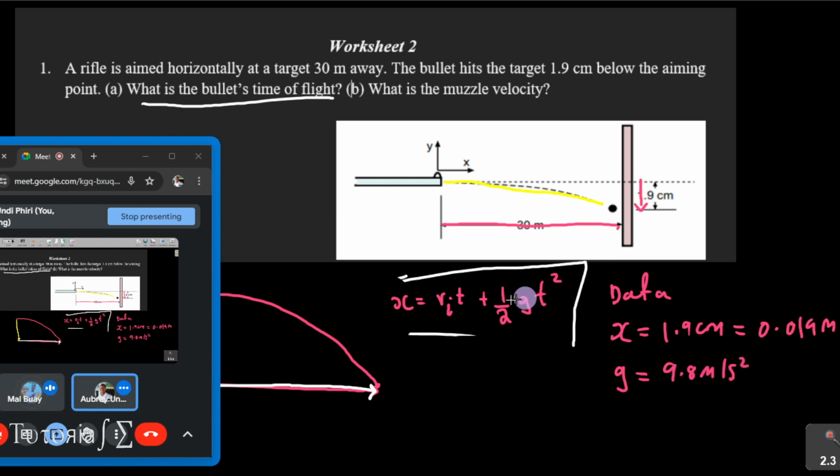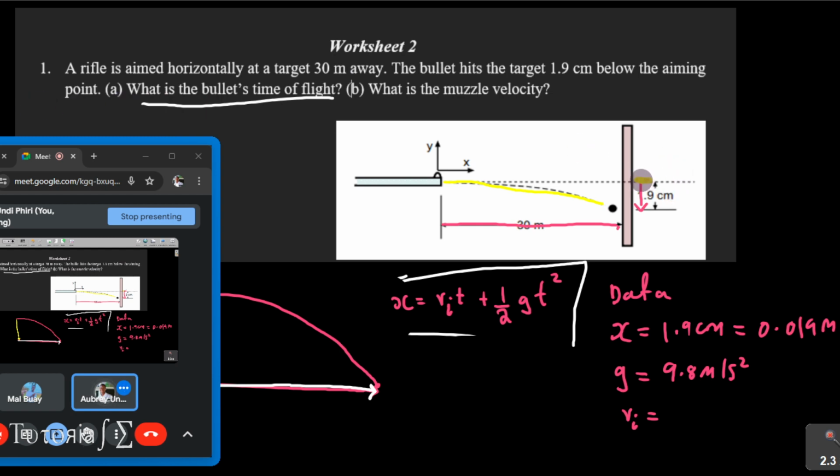What would be our initial velocity? So the initial velocity will actually be 0, because remember we're taking the displacement in the vertical.